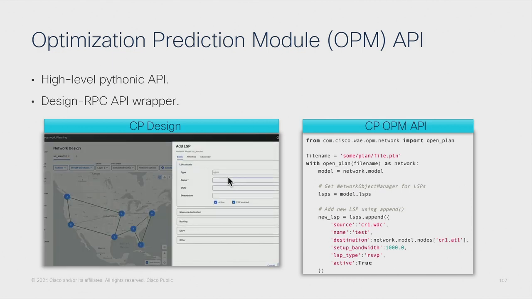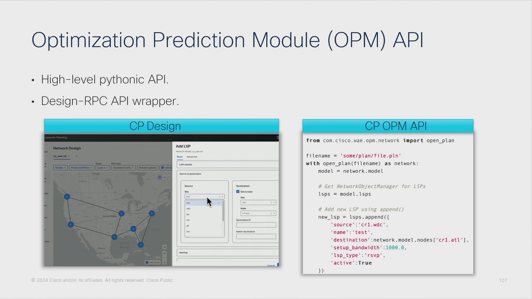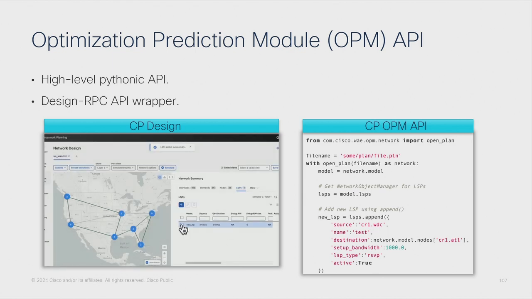So in this case, we use com.cisco.wae.opm. And from the same line, we can also import the openPlan function. So this openPlan function we will use later in order to read the plan file and then set the content into a variable, for example, network. And from that point, we can start accessing the different objects using the dot notation and with any other Python library.